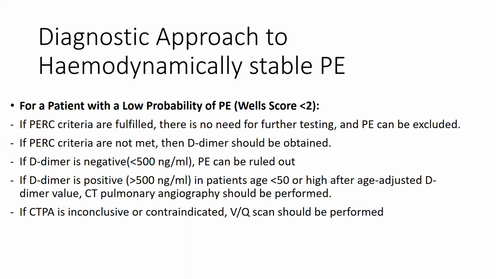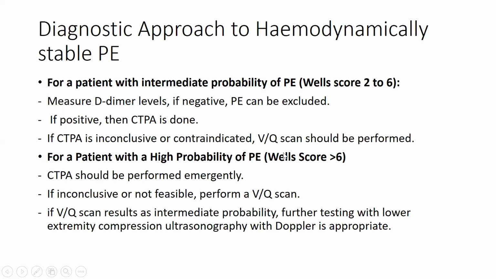But if it is more than 500 nanogram per mL in a patient who is less than 50, or higher after age-adjusted D-dimer value, you should obtain a CTPA, all right? If a CTPA is inconclusive or contraindicated, you want to obtain your VQ scan. But this is for patients with low probability of PE.